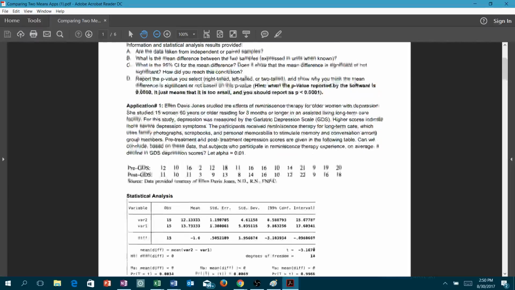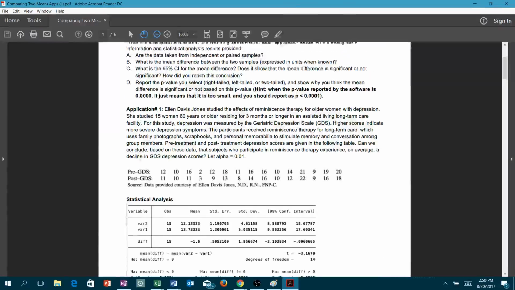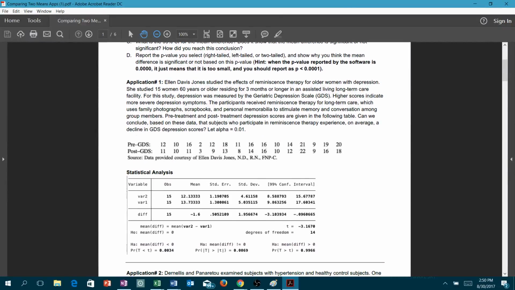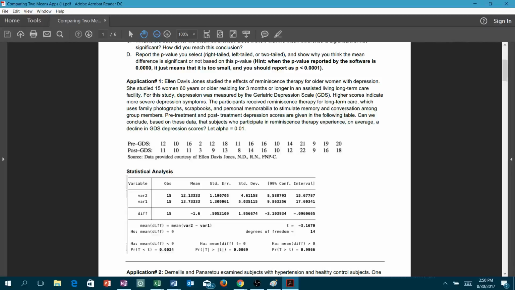If it contains zero, you fail to reject it. Yeah, if it contains zero, then it's not a signal. What do you mean by expressed in units? If known, if they gave us units. So is that it or not? Negative 3.12, negative 0.0. Oh, that's the whole thing.